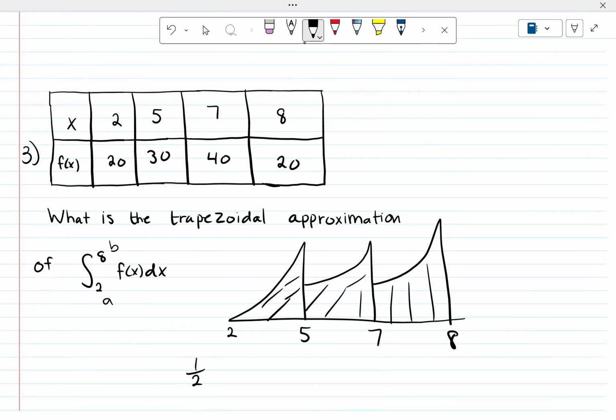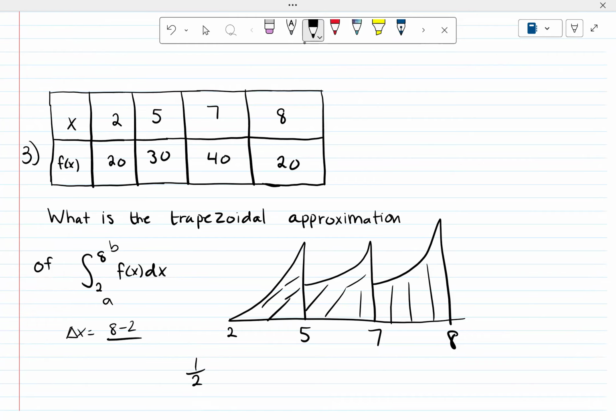It's going to be b minus a over n, right? But what is my delta x, or my h? I think my delta x is going to be b minus a, so 8 minus 2.